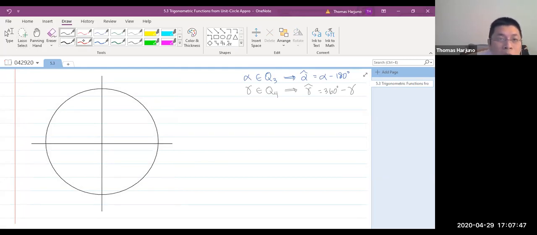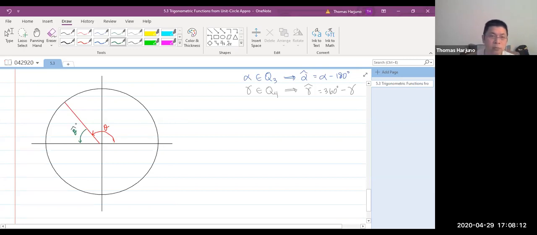Suppose I have an angle here, say this is theta. Now, this will be the theta hat. Let me copy and paste that theta hat, but I put it in quadrant 1.